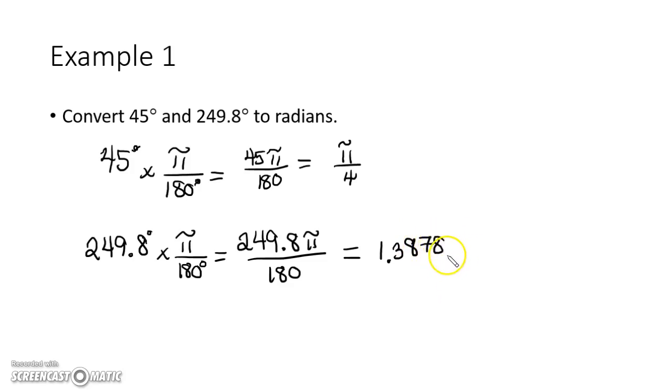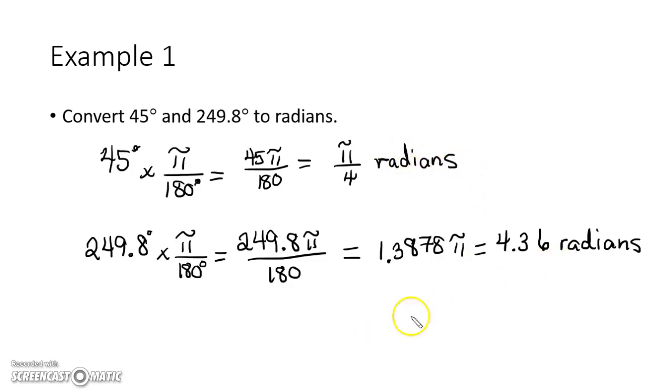Just go ahead and round that, times pi. Let's multiply it by pi, using the pi in my calculator instead of 3.14. That gives 4.36 radians. And this one, we're going to have to label radians as well. We always want to label our units, right? It's important to know which one is which. Okay, so that was radians.